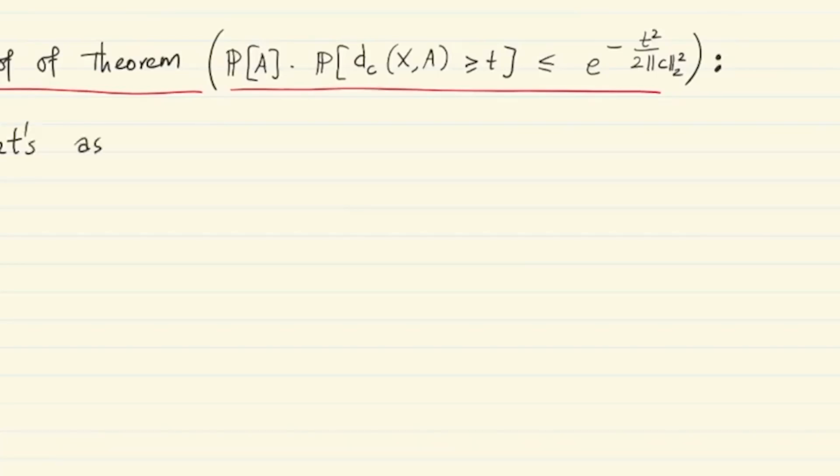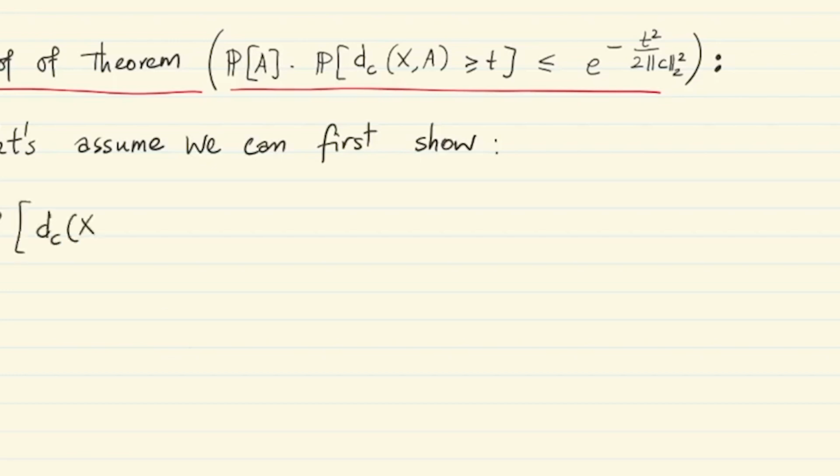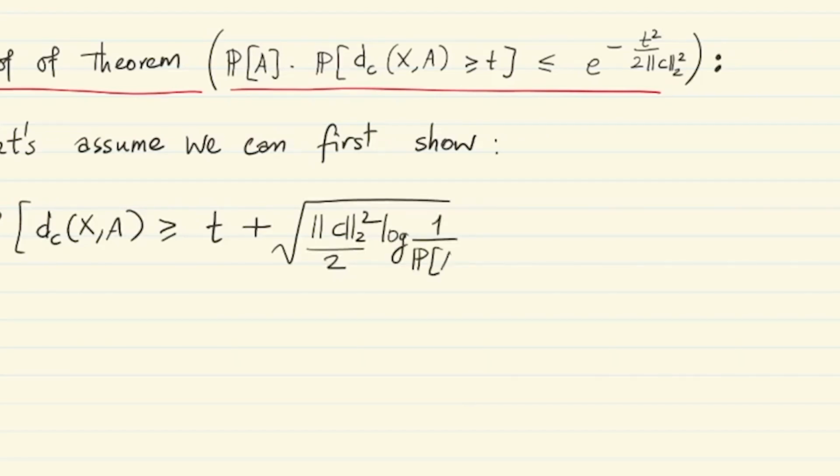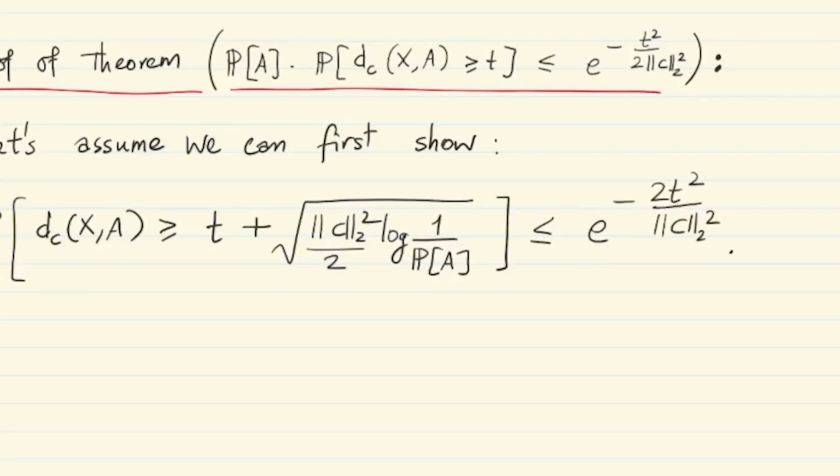Let's assume we can show that the probability of dc(x, A) exceeding t plus square root of norm c square by 2 log 1 over P(A) is no more than e to the minus 2t square by norm c square. So let's assume that we have somehow shown this result, which we will call star.